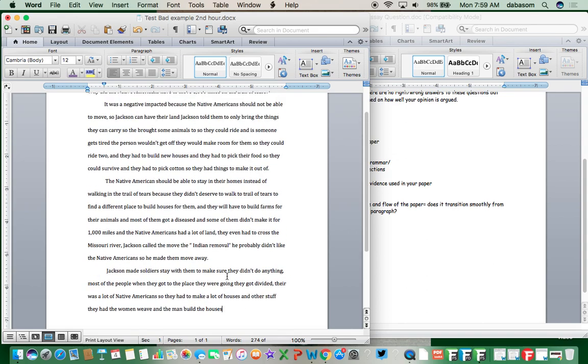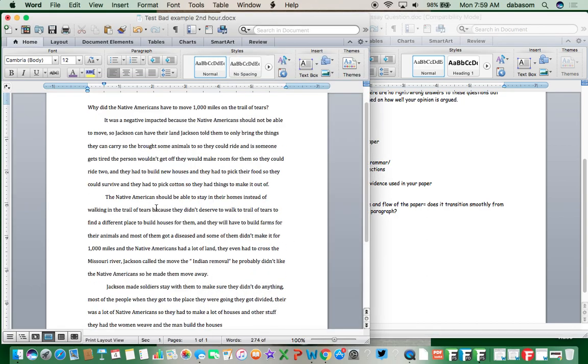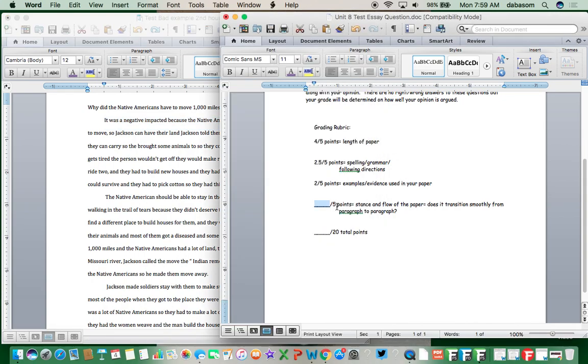There were a lot of things just kind of jumbled together, and so for stance and flow of the paper, although they did have paragraphs, and they definitely did have a stance that you could see in there. I mean, it says right in here it was a negative impact, so they've made that statement, but really outside of that, not a great job. So I'm going to say 2.5 points for that.